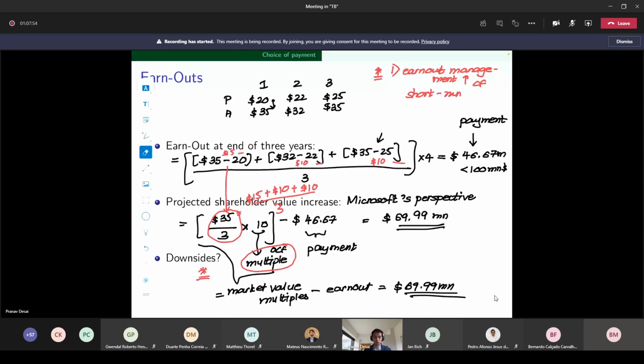It really depends on the precise terms. This is not the only set way that you can have an earnout. There could be multiple ways. Okay, it was just that the first time I read it, I understood it quite differently. I thought it was 4 times each year's excess. Just trying to understand. Thank you. Okay, perfect.